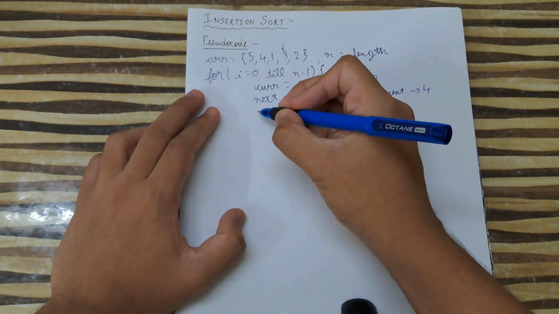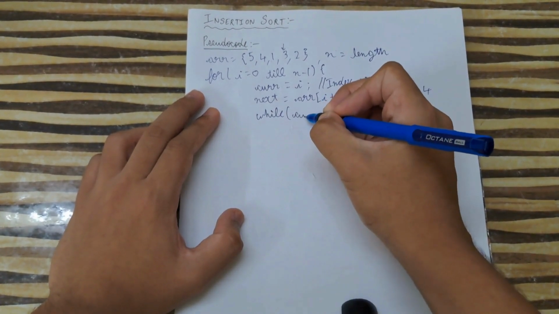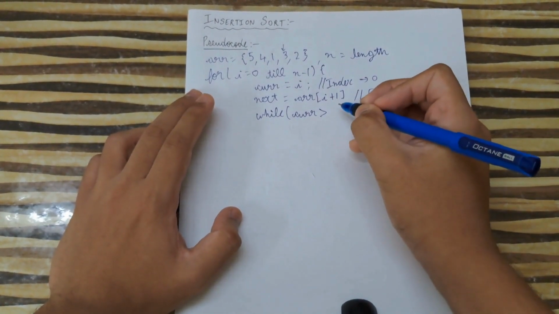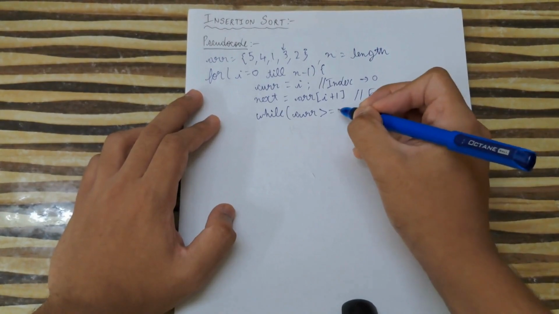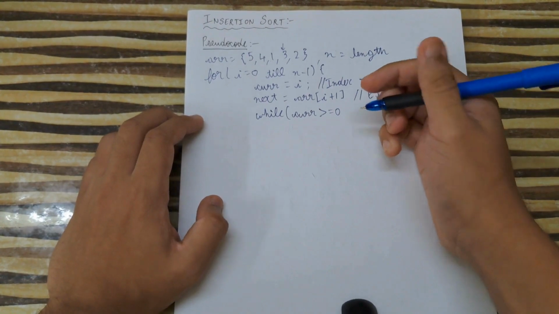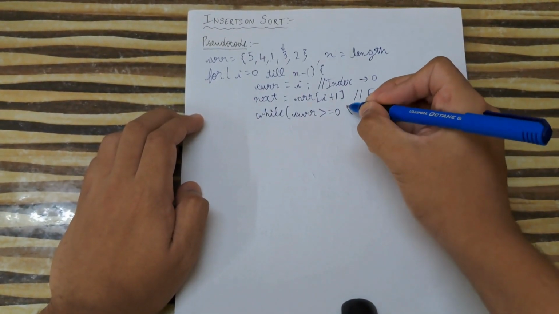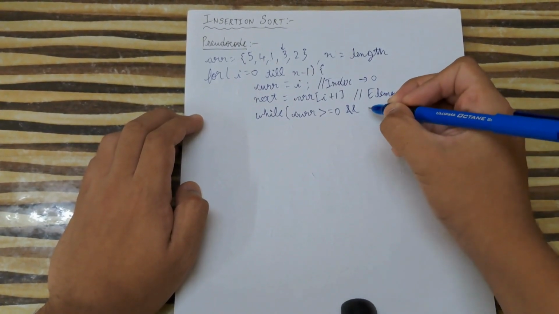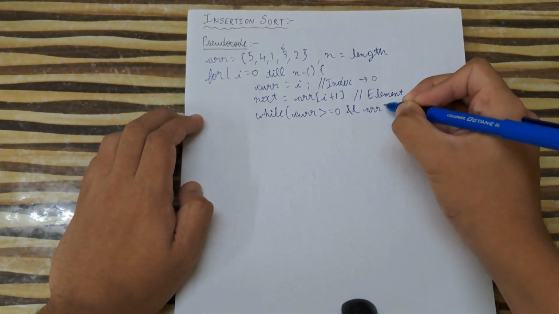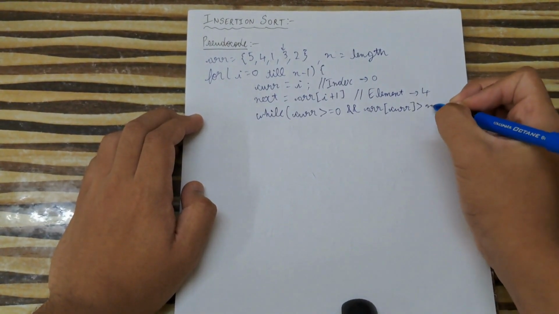After that we will start a while loop inside it, and while the current index is greater than or equal to 0, because in this algorithm at some point it also becomes minus 1 or even minus 2. So this is the first condition, and the second condition should be that the array element at the cur index is greater than next.